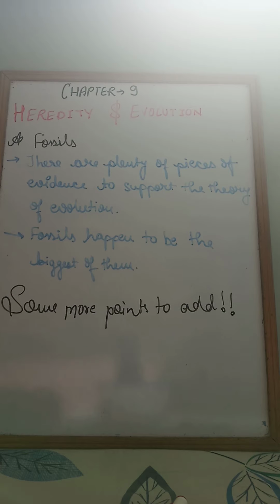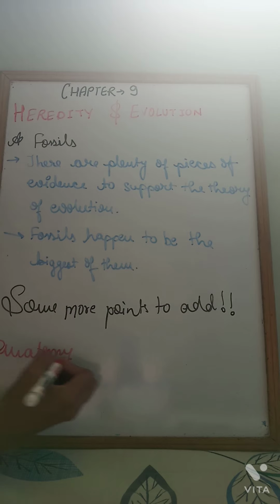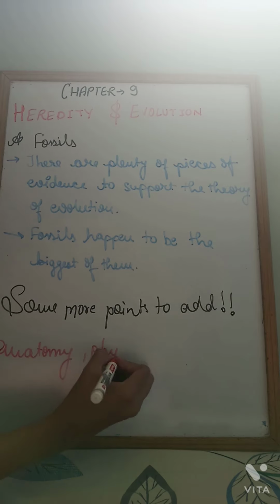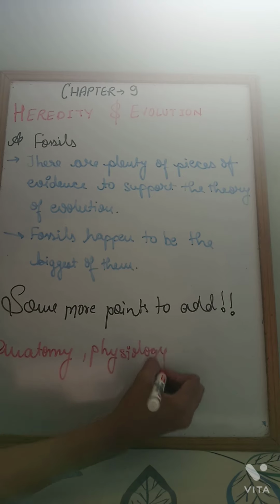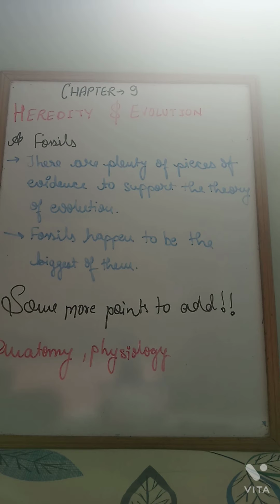Fossils help us to understand the anatomy and even physiology of these organisms, and understand how evolution worked and led to the formation of organisms that we see today in our daily life.